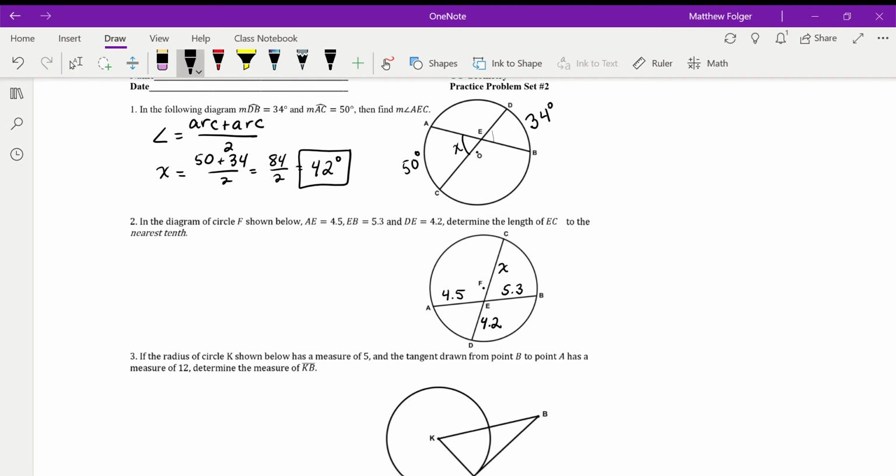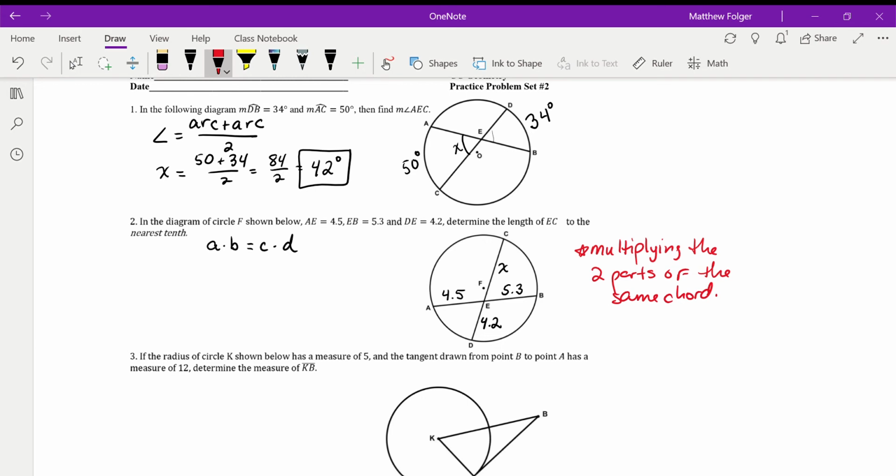So there's X. Now, there is also a formula for this. The formula was A times B equals C times D. The important thing to keep in mind with this is that you're multiplying the two parts of the same chord. That is what A and B are and C and D are.